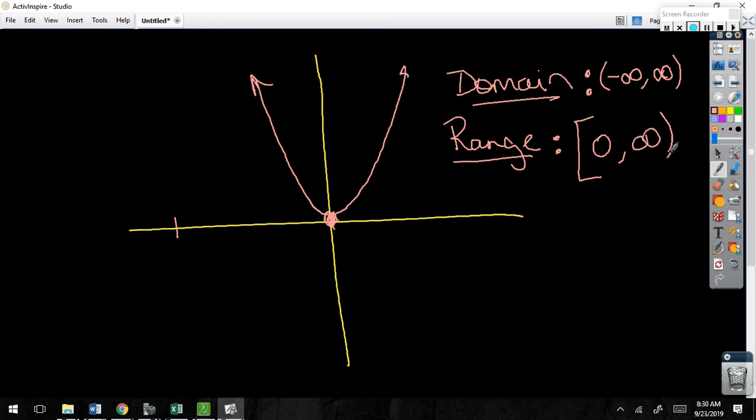Infinity. That's right. So infinities are always parentheses, and then the numbers are brackets, as long as there's a point there. All right, let's look at another one.